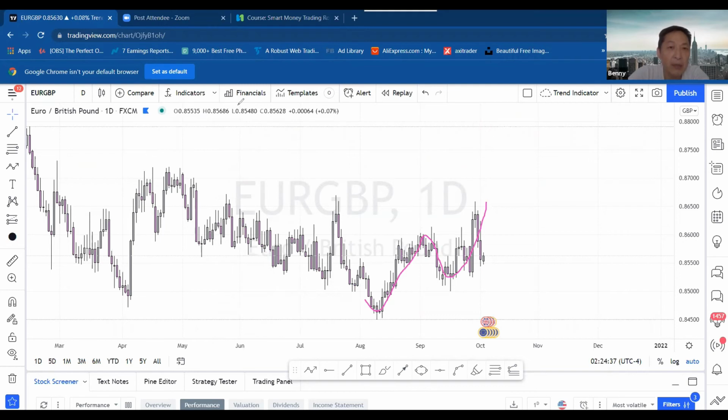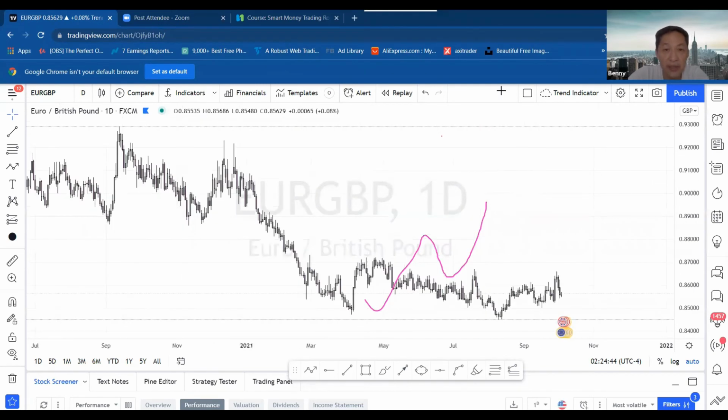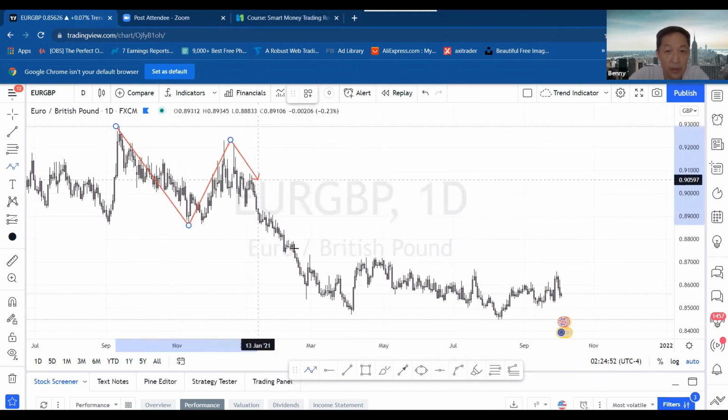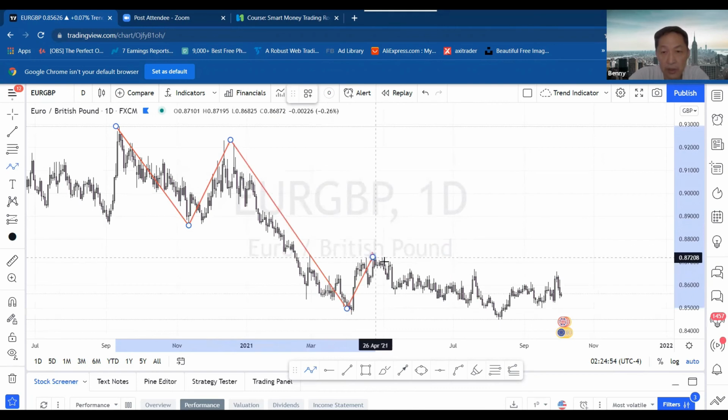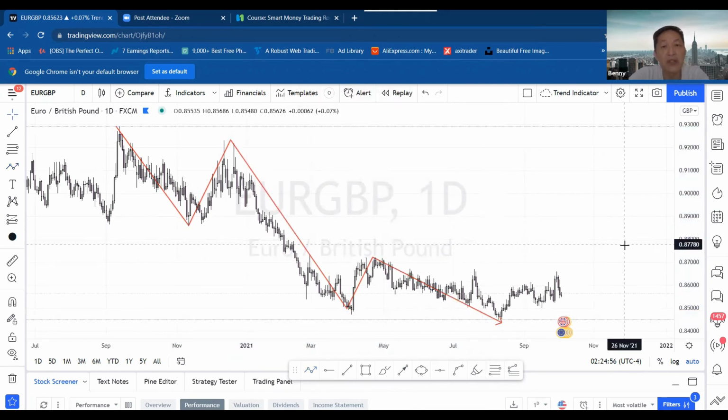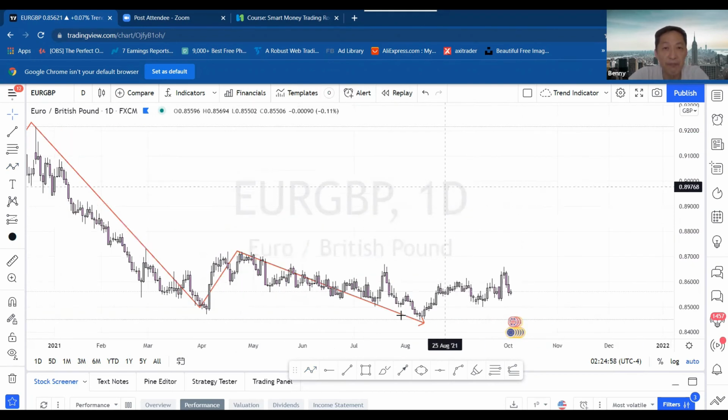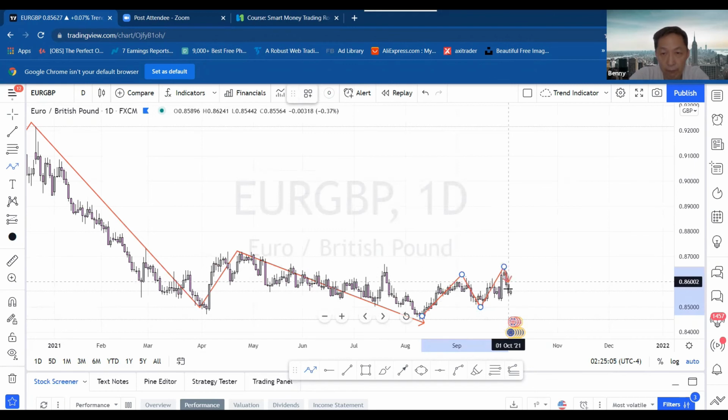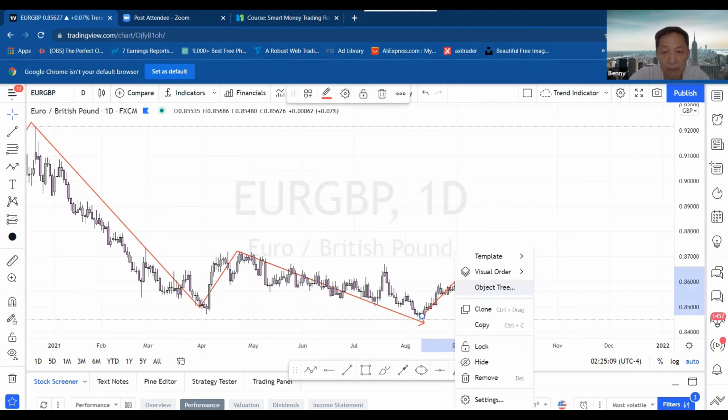But in between this time frame, there is a bearish move. You can see here is bearish, from here to here to here to here to here to here. This is bearish, but here is bullish. So this is bullish.